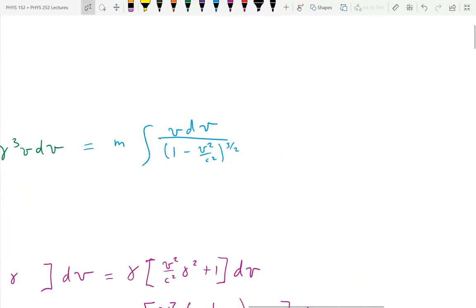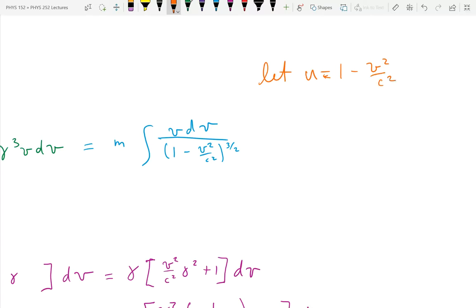How do you, my good friends, integrate this baby? Let u equal.